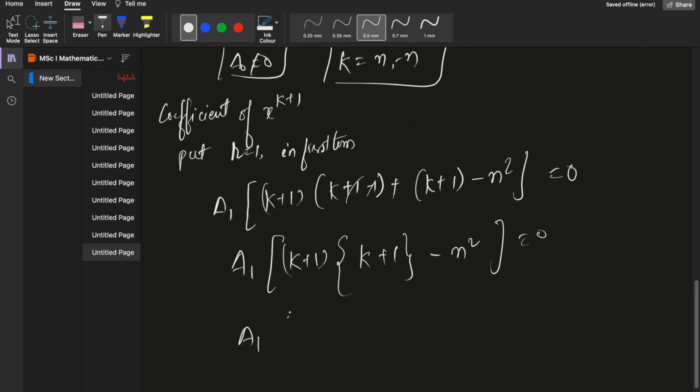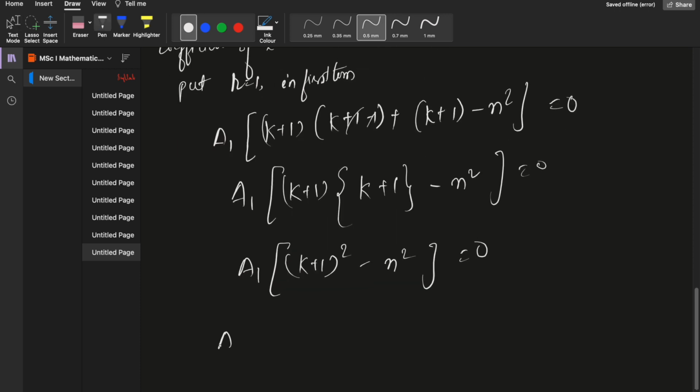So this is your a1 equals to (k plus 1) whole square minus n square equals to 0. So a1 can be (k plus 1 plus n)(k plus 1 minus n) equals to 0.